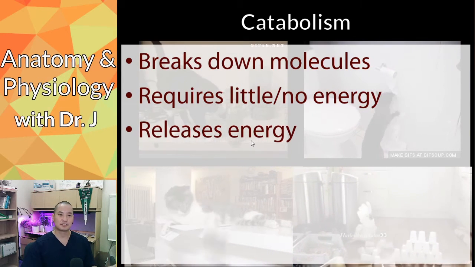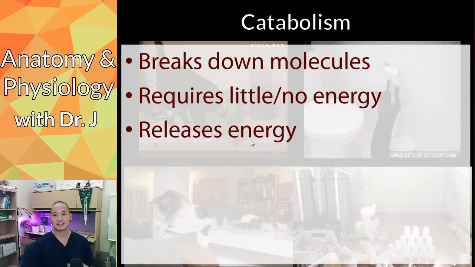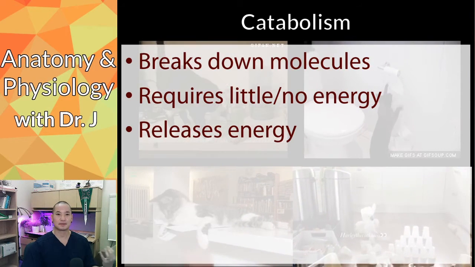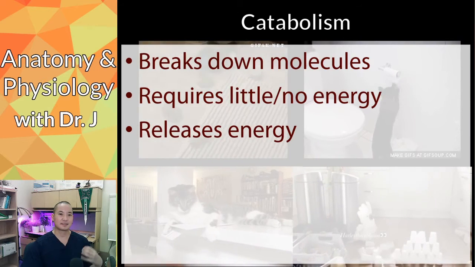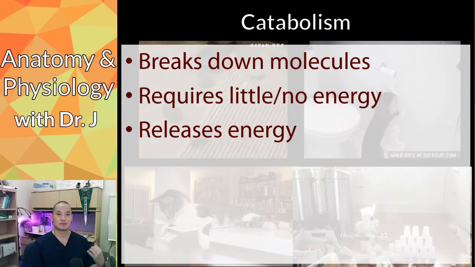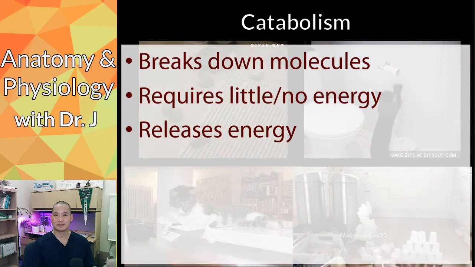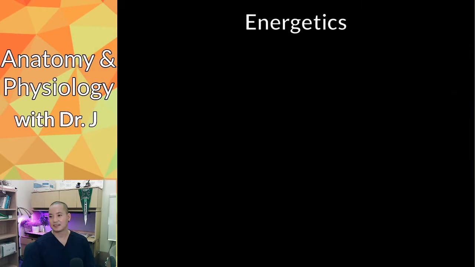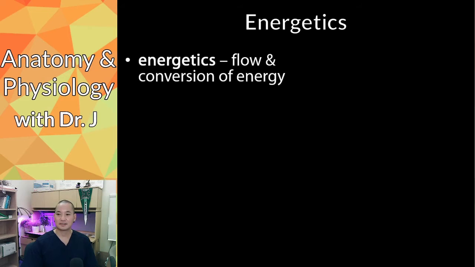This is important to your body because when it takes in food nutrients and does catabolism, that can provide the energy to drive your cellular reactions and maintain homeostasis in your body.